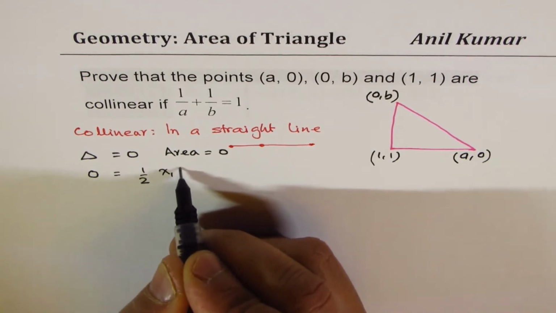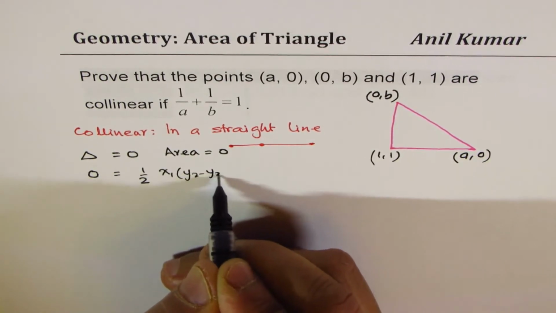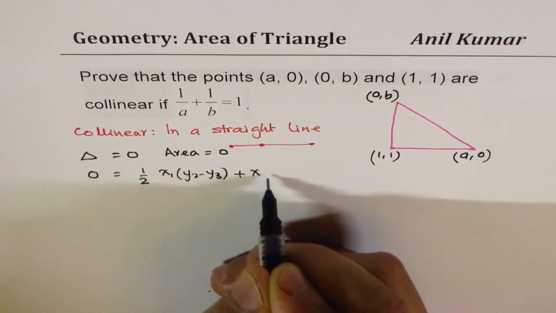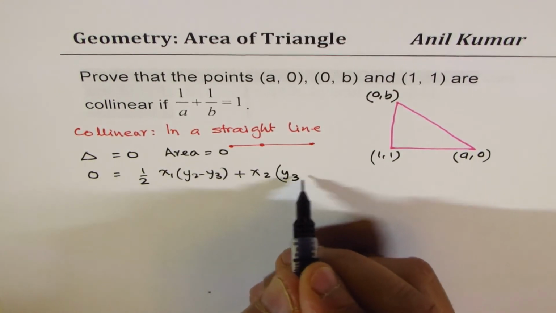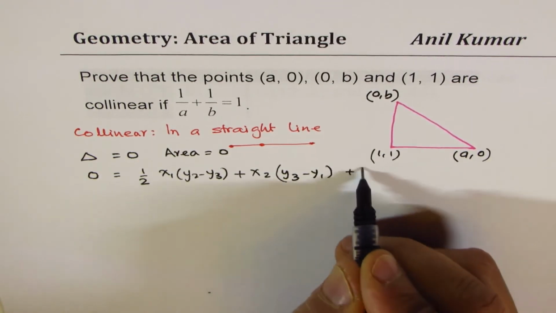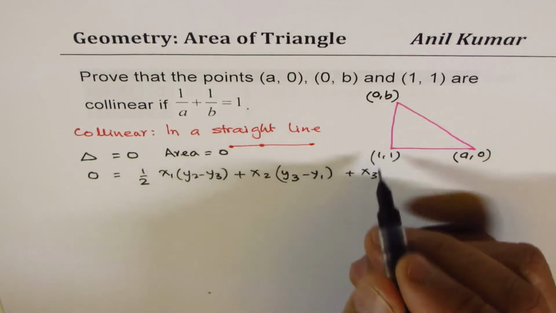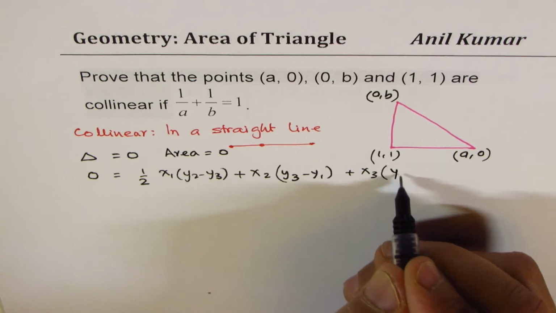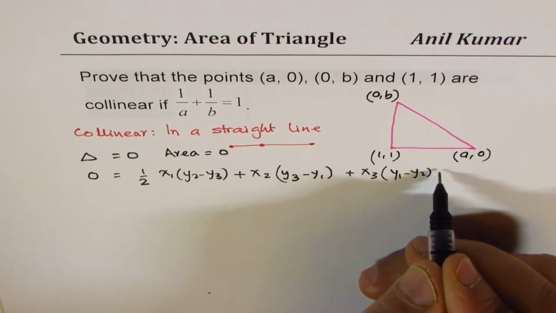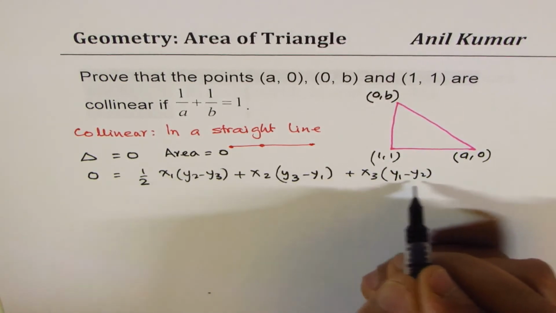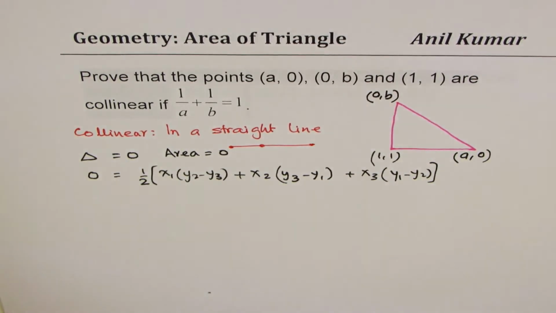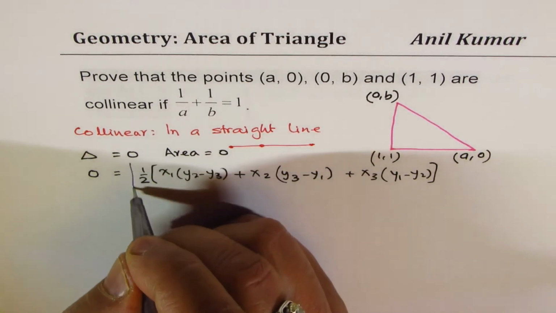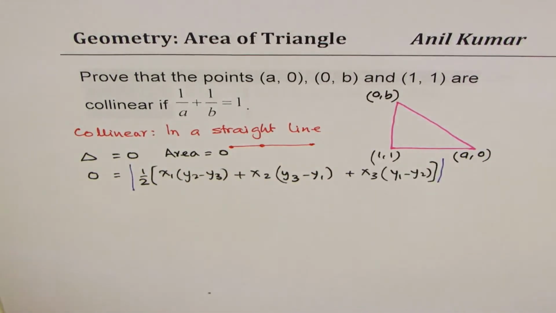We have x1 times y2 minus y3 plus x2 times y3 minus y1 plus x3 times y1 minus y2. Is it okay? So that becomes the area of the triangle. So half times all this, and we have to always take this as a positive value, right? So we write the absolute function here. That means positive of this.